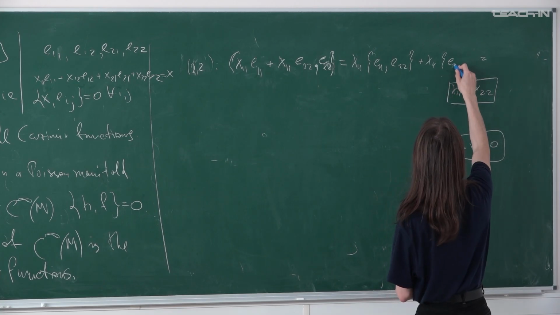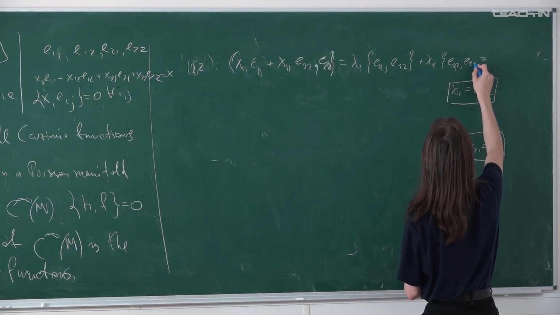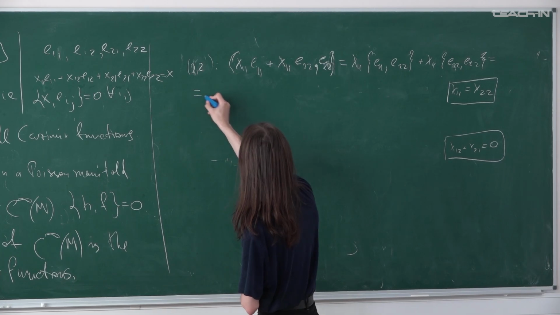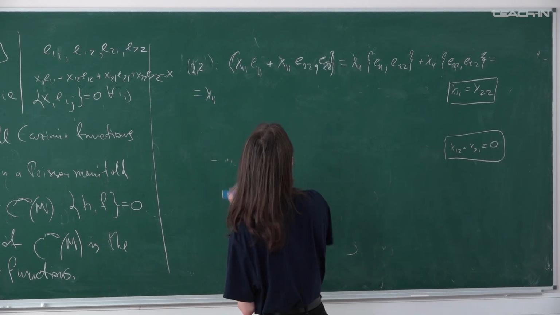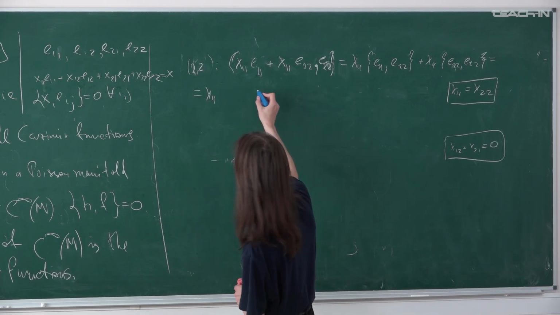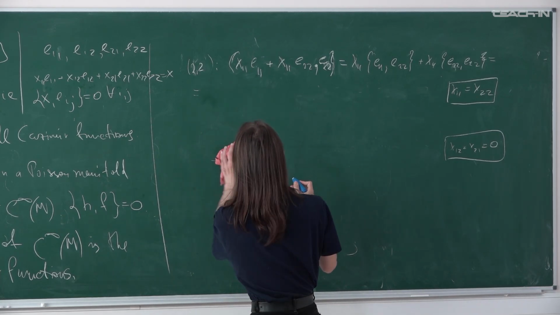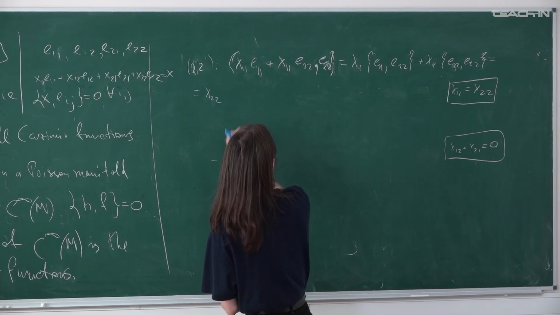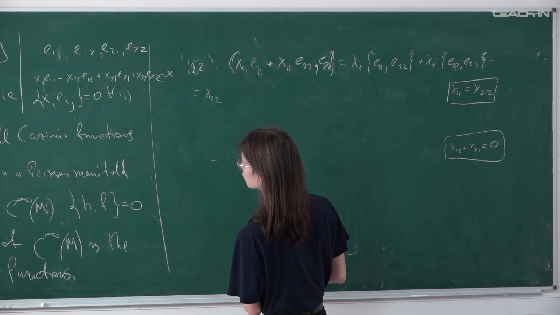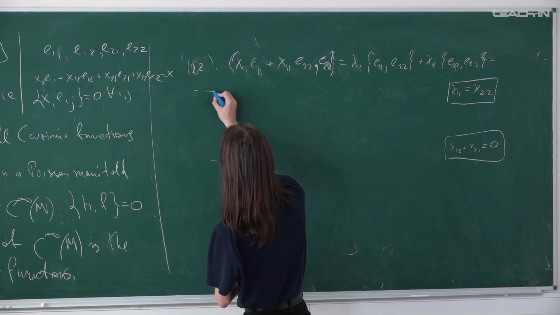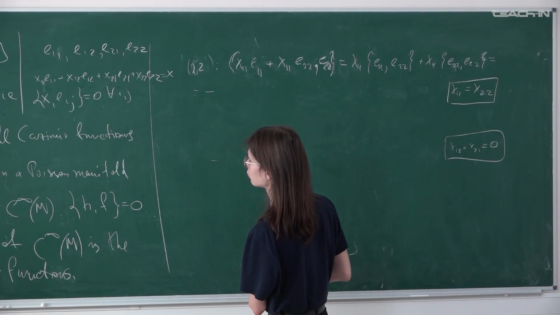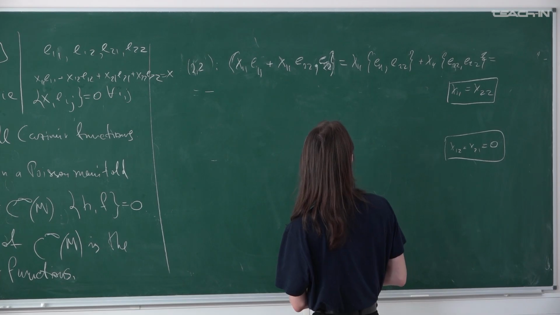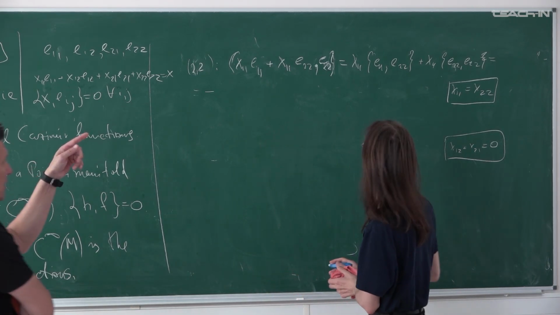This one is 0. Both. Do you think about the first or the second Poisson bracket?